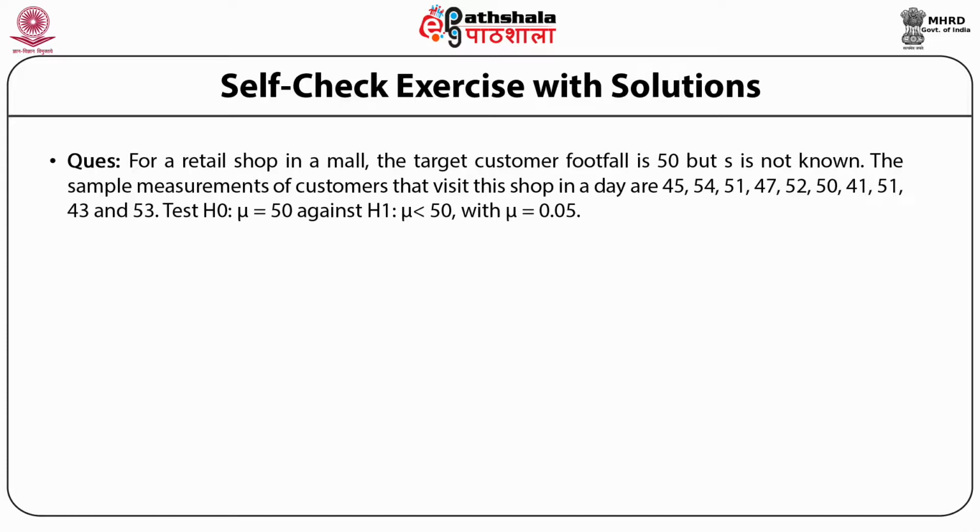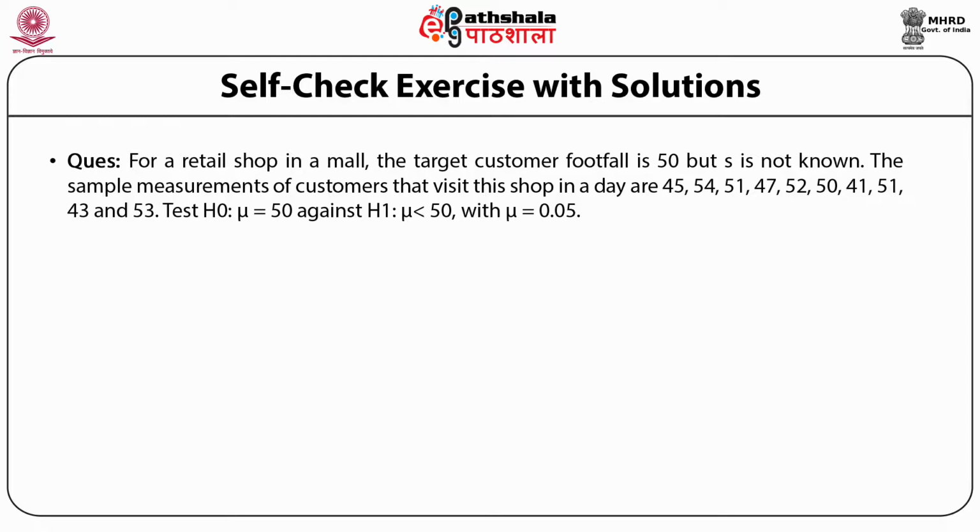In this case, the alternative hypothesis is mu less than 50. In other words, the alternative hypothesis is that fewer than 50 people visit this retail shop.